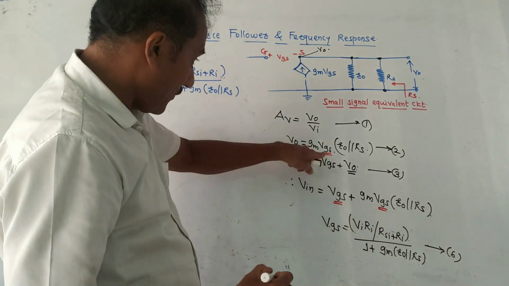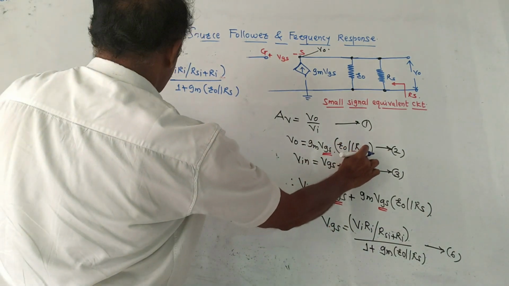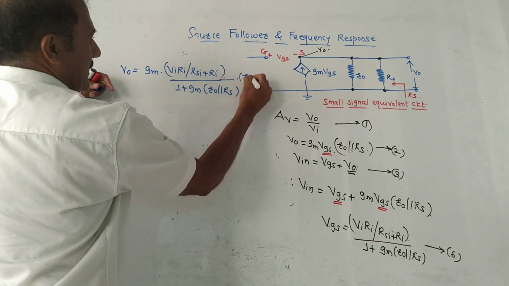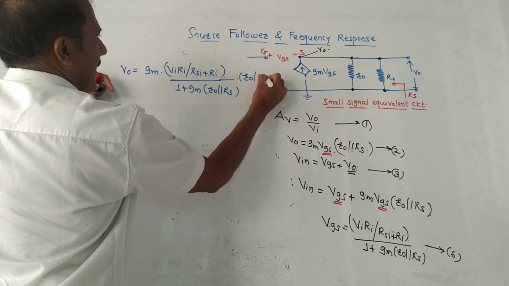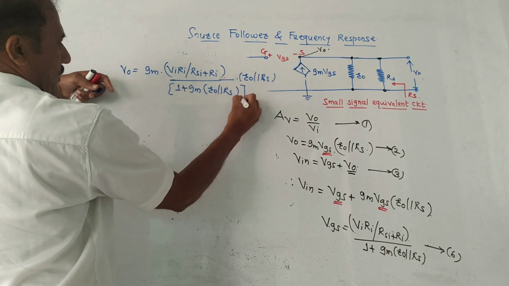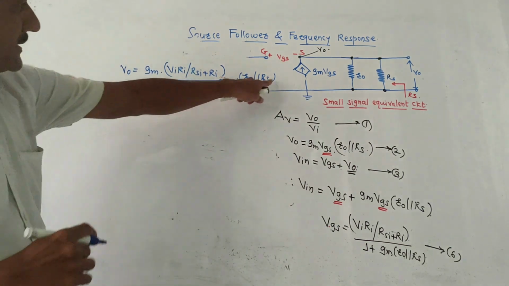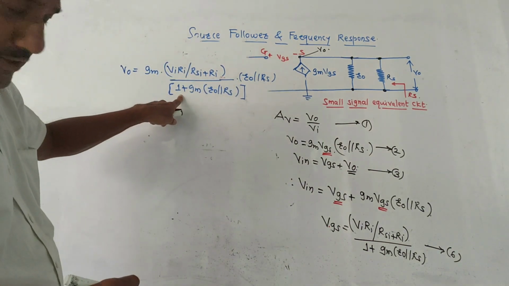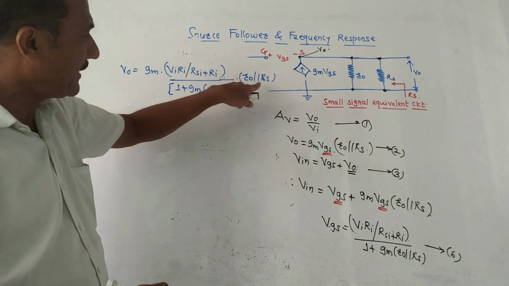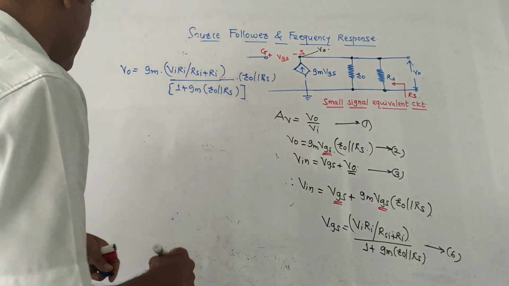So I have put the value of VGS. This term R0 parallel RS will be as it is. So it is R0 parallel RS. Let us keep a square bracket. This term cannot be cancelled because this denominator contains 1 plus GM into this term, whereas this is a separate R0 parallel RS term only.